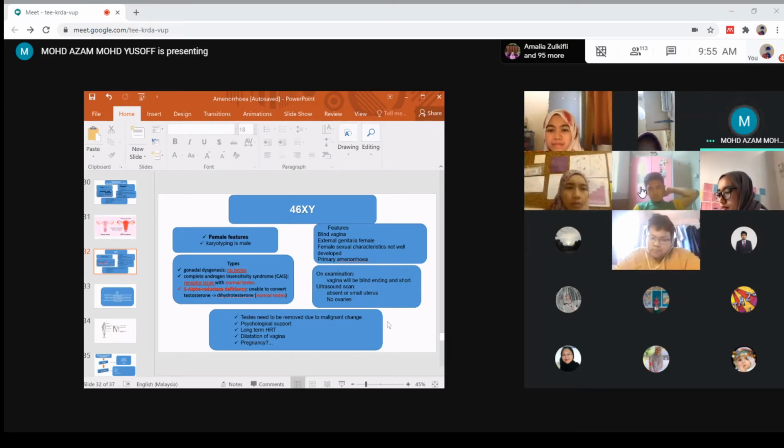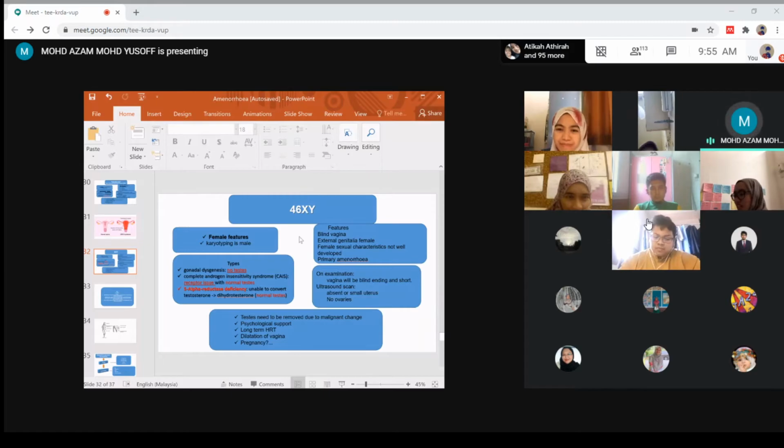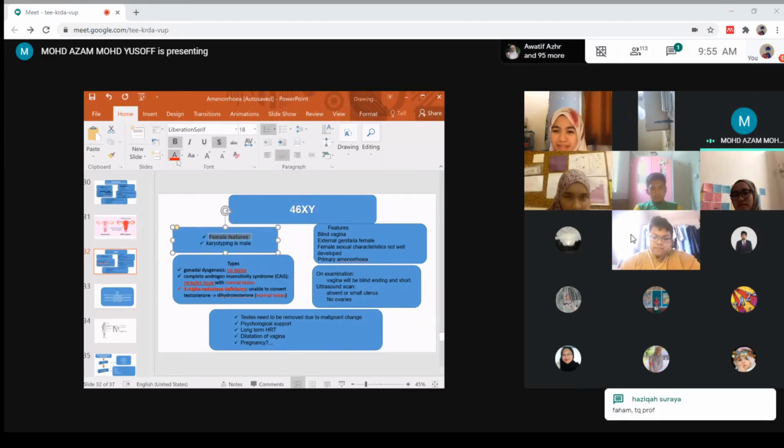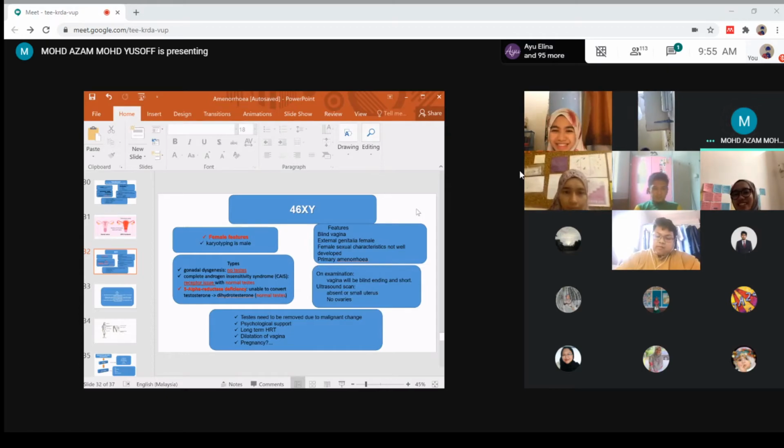They say, my girl still cannot have menses yet. Actually, they are not girls. They are male, 46XY. Faham ke? Now you understand? They have female features. Sounds very interesting, isn't it?